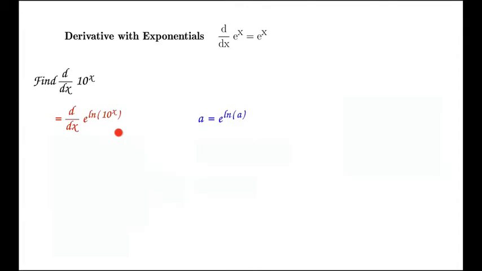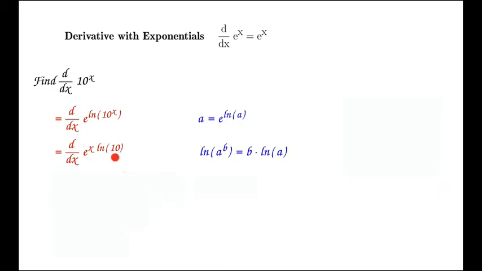And from there, we appeal to the rule of logs to bring this x down. So we take the x and we bring it down, and we end up with e raised to the quantity of x times ln 10.